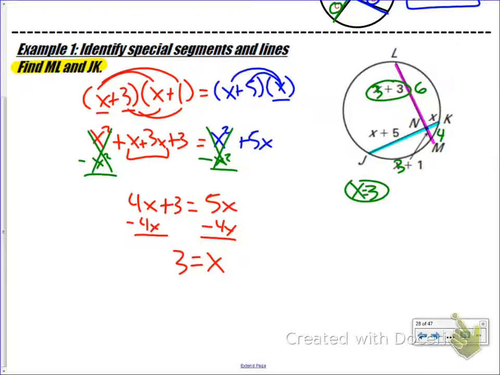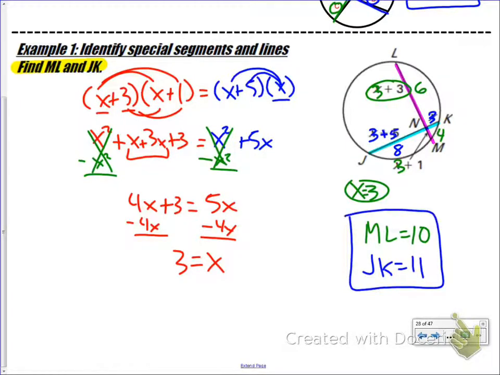So LN is 6 and MN is 4, add this together, and you're going to get 10 for ML. For JK, you're going to add 3 plus 5, which is going to give me 8, and then NK is just going to be 3. So for JK, go ahead and add up 8 and 3, and you're going to get 11 for that one. So ML equals 10 and JK equals 11.